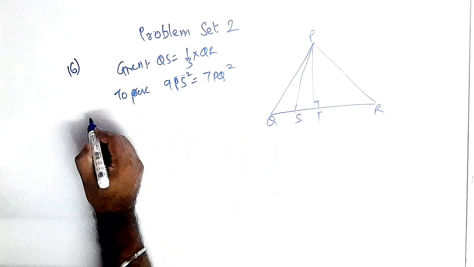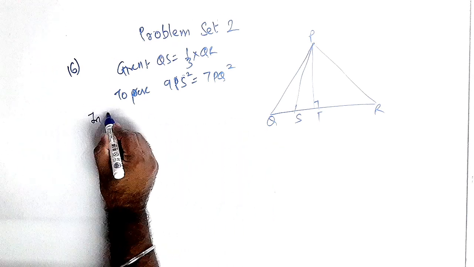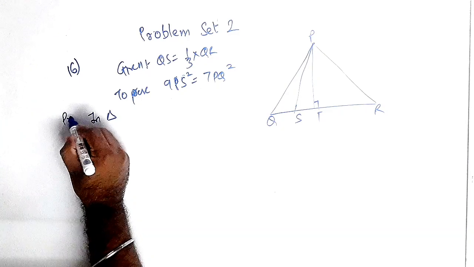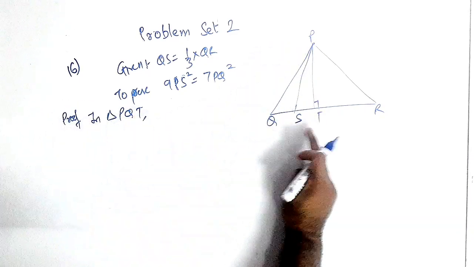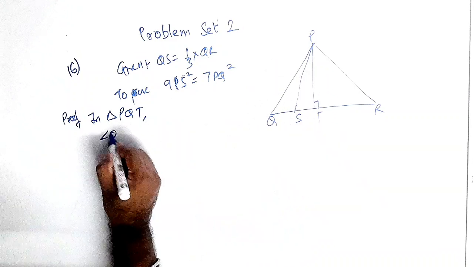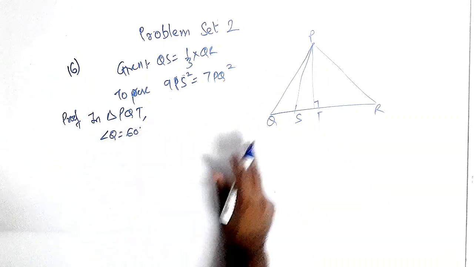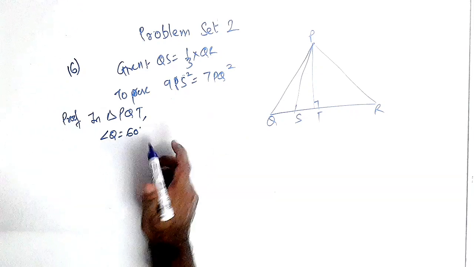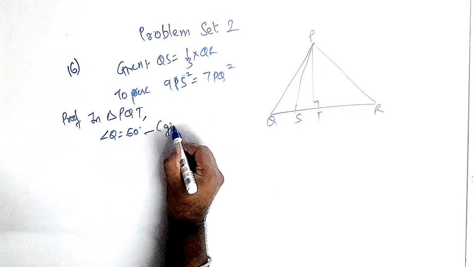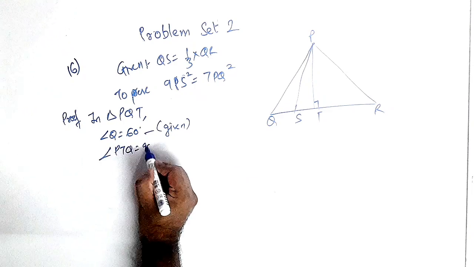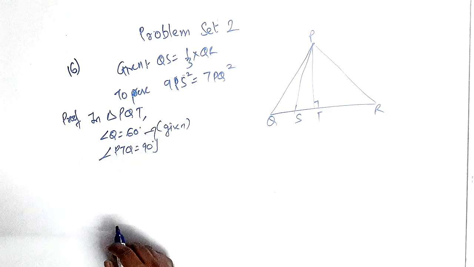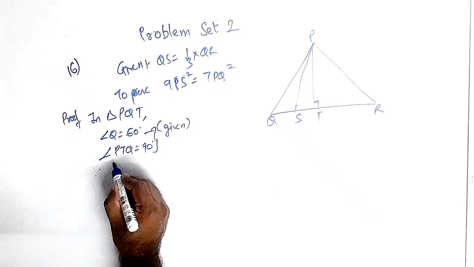Let us see. First, you can say in triangle PQT, angle Q equals to 60 degree, correct? Because it is an equilateral triangle. Okay, angle PTQ equals to 90 degree, this is also given, the common reason.